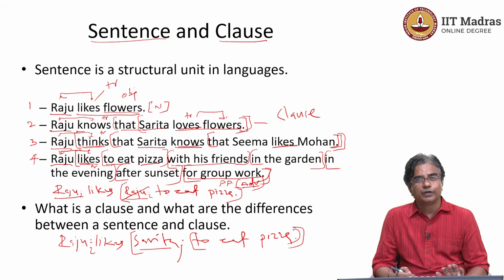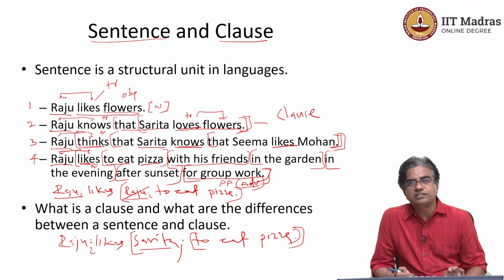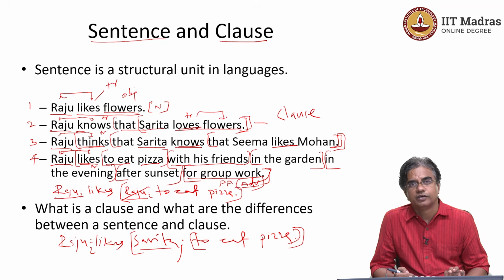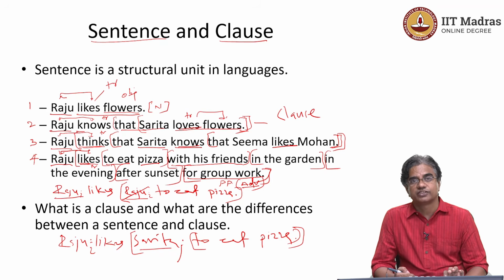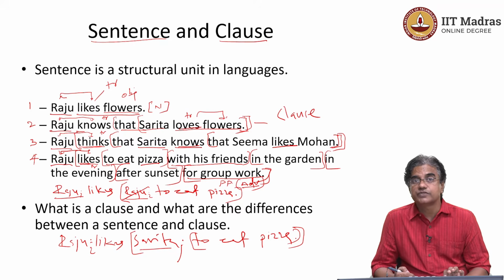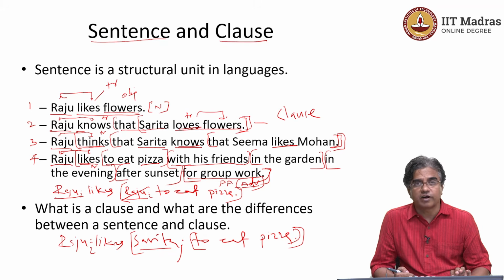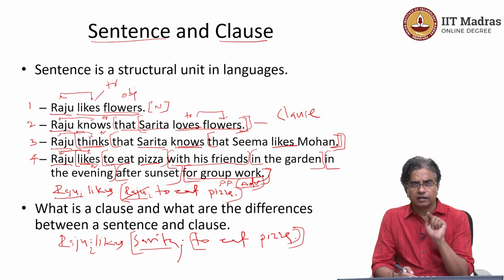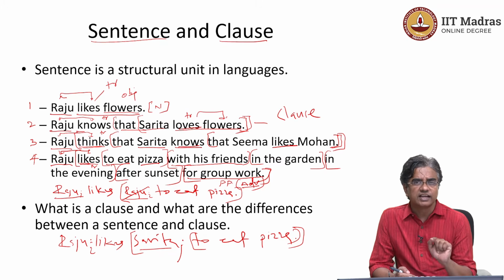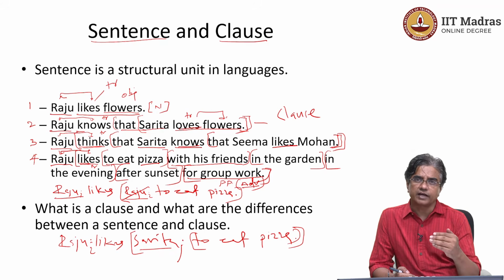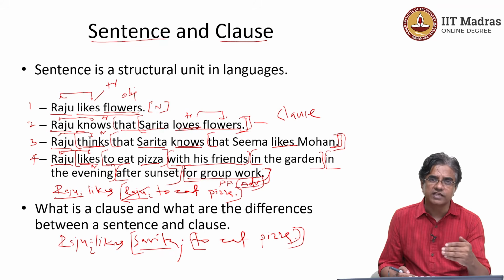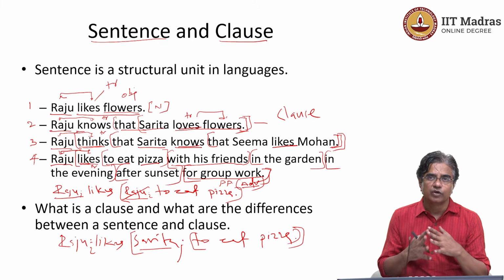So, we get to see the intricate beauty of sentence structure when we look at how sentences are produced, their grammatical relations, their grammatical functions, and understanding these things with intricate details has a serious impact on how we are going to write our sentences or when we are going to speak our sentences.